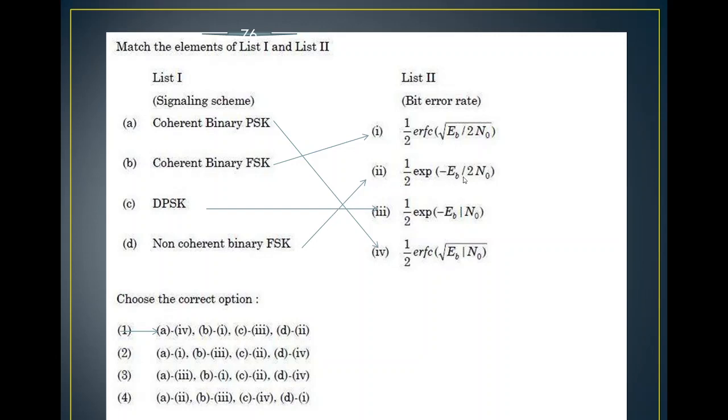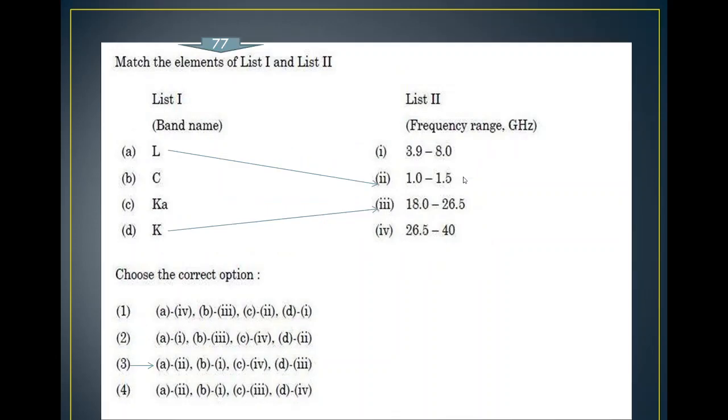Next question. Match the following list. Again matching. List first contains the band names L, S, C, K, and the second contains frequency range in gigahertz. Now choose the correct option. You can see option first, option second, option third, and option fourth. Your correct answer is option third, that is A connects to second, B connects to first, C connects to fourth, and D connects to third.